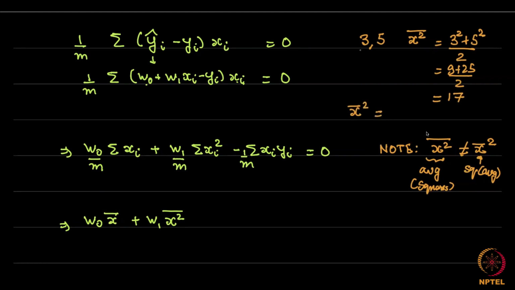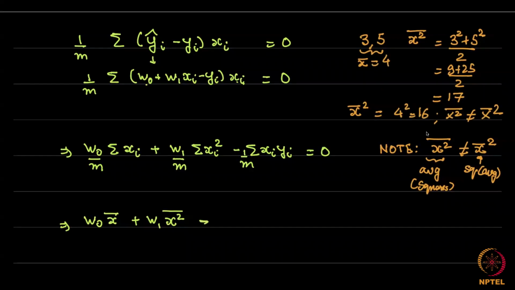X bar is 4. The average of this is 4. So this is 4 square. So this is 16. So you can notice x square bar is not the same as x bar square. So what do we have in this term? This is x square average. So that is x square bar. So please do notice that. It's easy to get confused by this term quite easily.